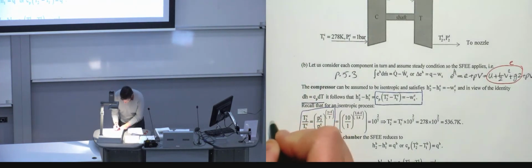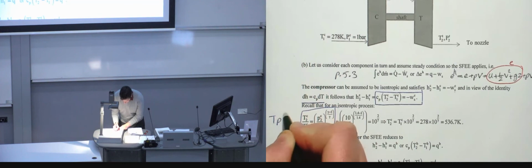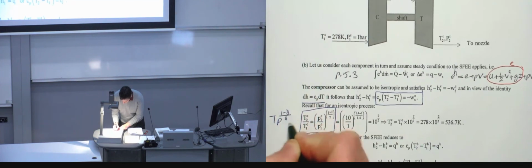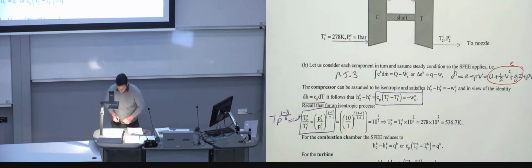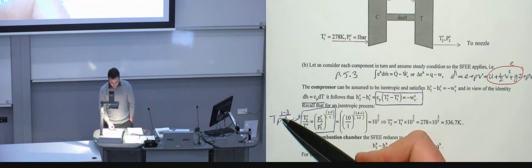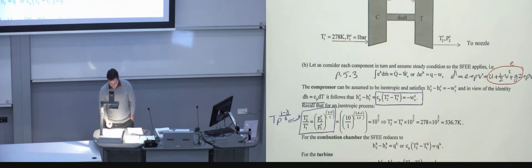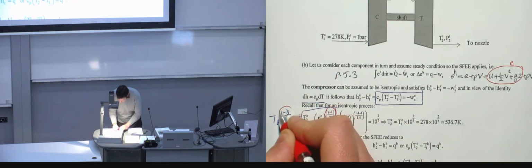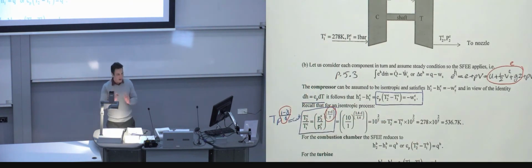So that was T P^((1 minus gamma)/gamma) is constant. And by rearranging this equation, and again note that the power here is just slightly different to this because there's a minus sign here. I'm sure you can realize that when it comes to the rearrangement.